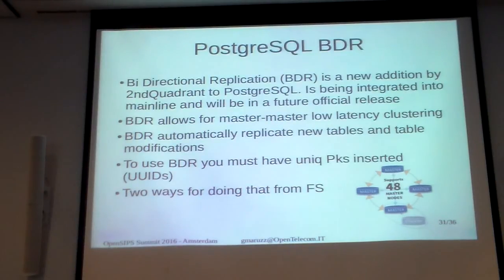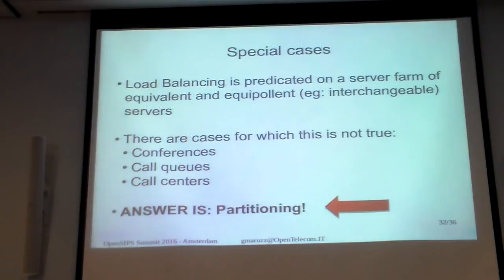You cannot have a table without a primary key if you use BDR. And so there is a way to do that. It can be by modifying FreeSWITCH or making default unique ID primary keys on Postgres. And I will send a patch upstream for FreeSWITCH so it will automatically do that.